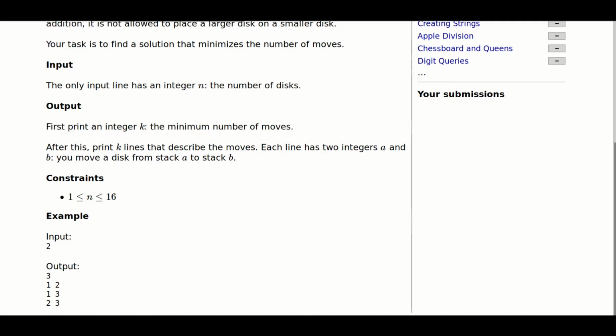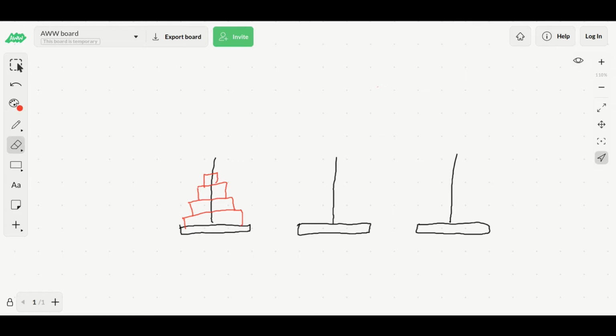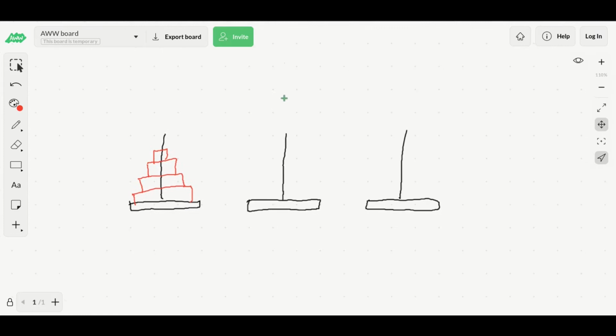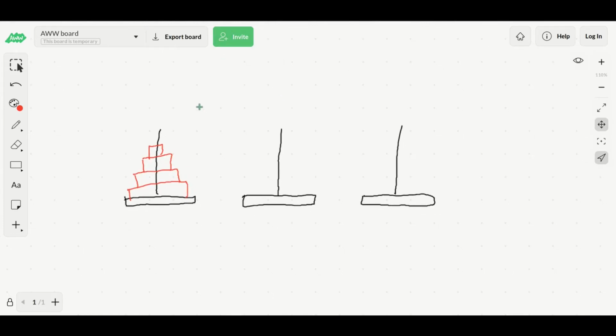Great. So let's try to come up with a solution. Here, if we look at this problem, let's try to make an observation.